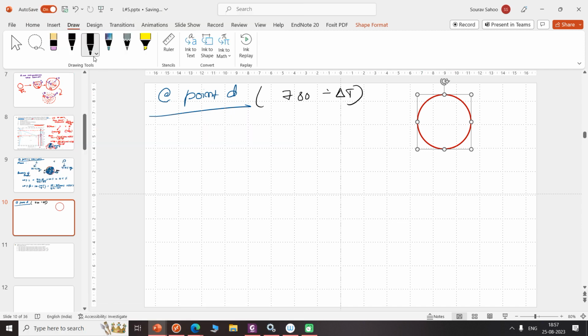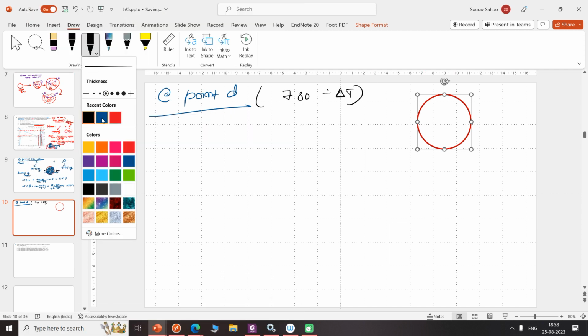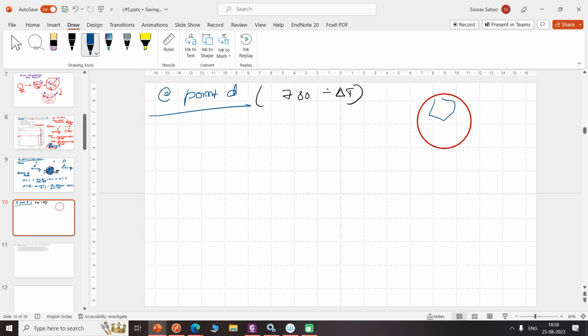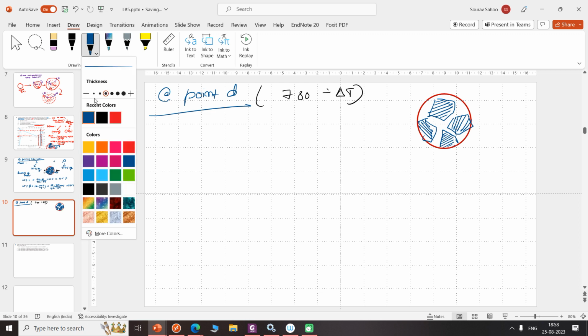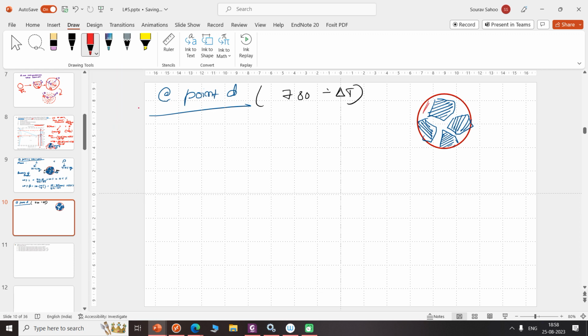Okay, so this is what it will look like. We have chunks of beta. Similarly, we have, not chunks but lamellae of alpha phase here.